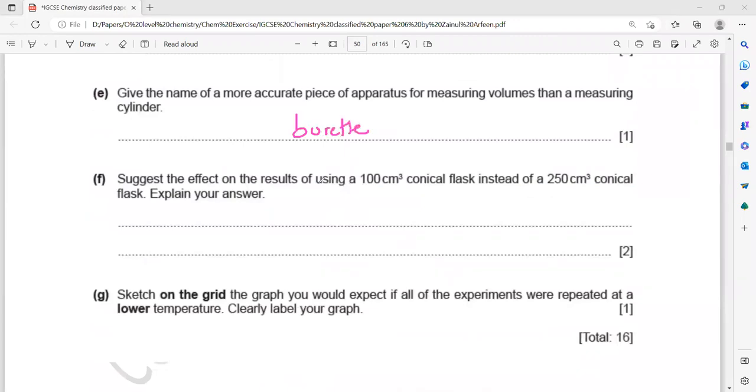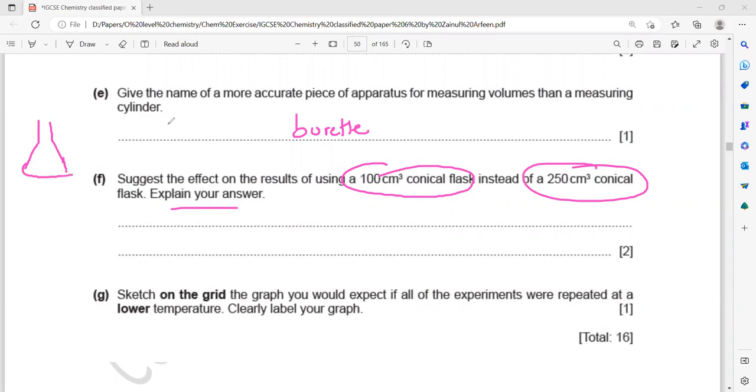Suggest the effect on the result of using a 100 cm cube conical flask as compared to a 250 cm cube conical flask. Look at how the 100 cm cube conical flask will differ from the 250 cm cube conical flask.